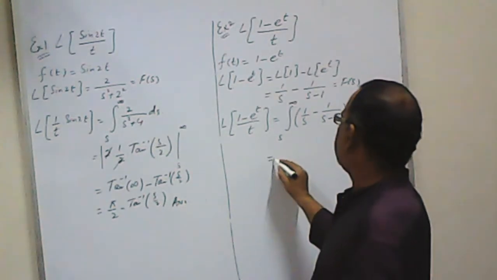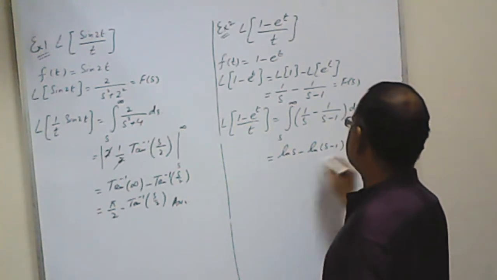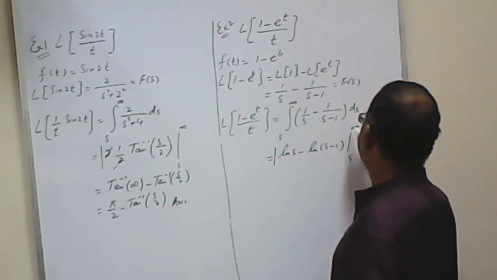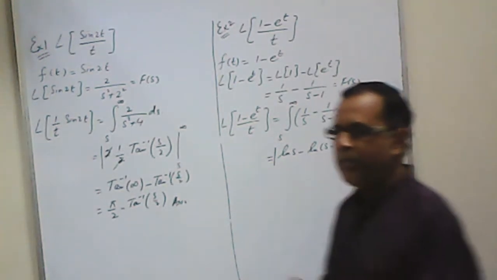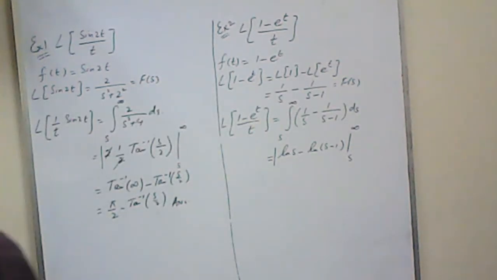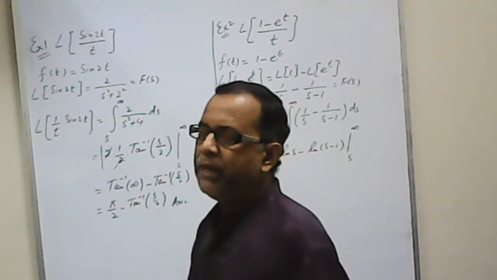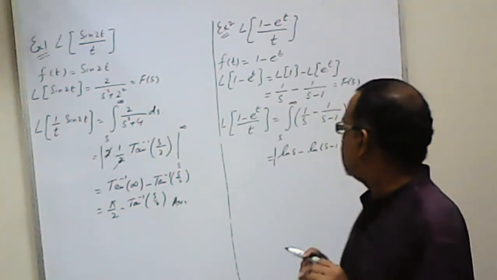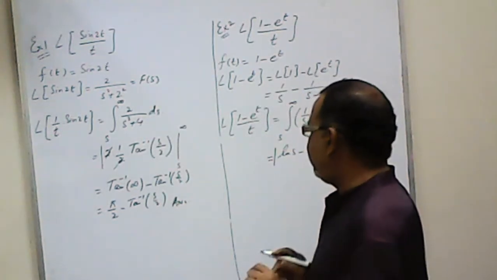So just integrate both terms. 1 over s is log of s minus log of s minus 1, and then applying the limits s to infinity. Now remember, if I directly substitute the limit, it becomes infinity minus infinity, which is an indeterminate form. So what is required when we substitute the limit, especially the limit of infinity? Try to simplify the terms in a way that when you substitute the limit, the answer comes out as a definite value.